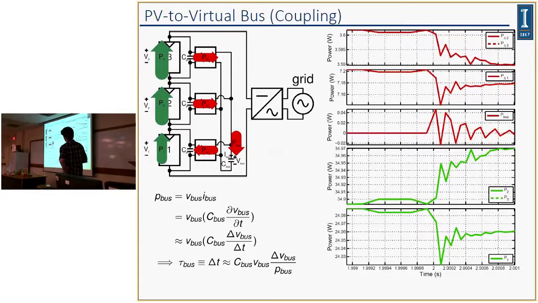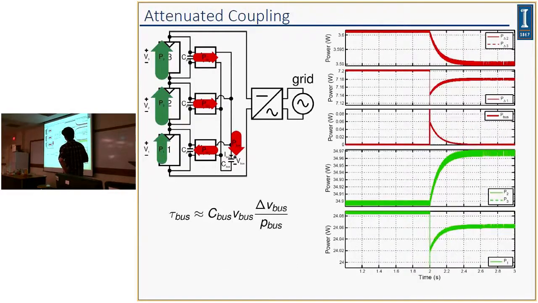So for small bus capacitance, this will sink power for a really brief amount of time, and then everything will settle really quickly. So what I'm proposing is increasing this to be sufficiently large such that on small time scales, the bus capacitor is compensating that perturbation, right? And it's attenuating the coupling between all of these submodules and converters. So here are some results for a bus capacitance that's 1,000 times larger.